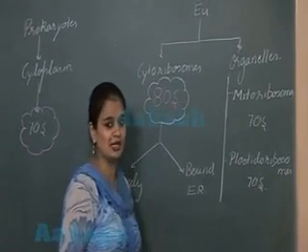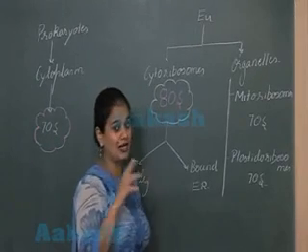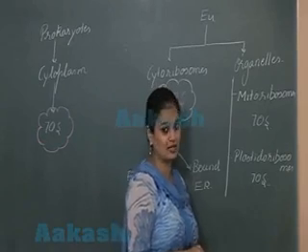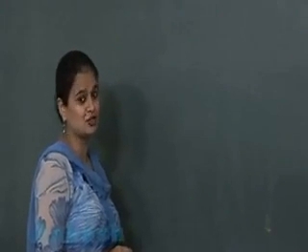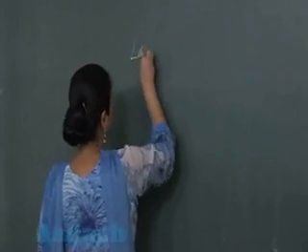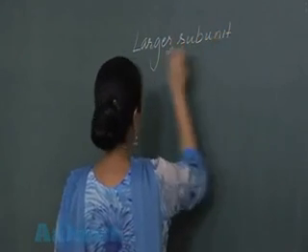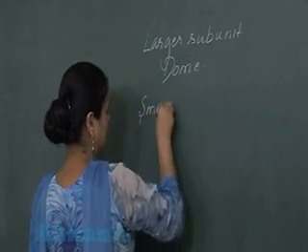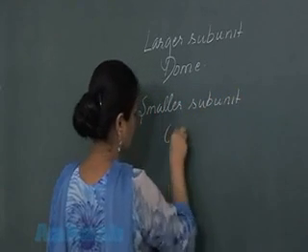Now the ribosomes are made up of two subunits. One is smaller and another one is larger. So let's see the structure of these smaller and larger subunits. The ribosome consists of a larger and a smaller subunit. The larger subunit has a dome-like structure, and the smaller subunit has a cap-like structure.